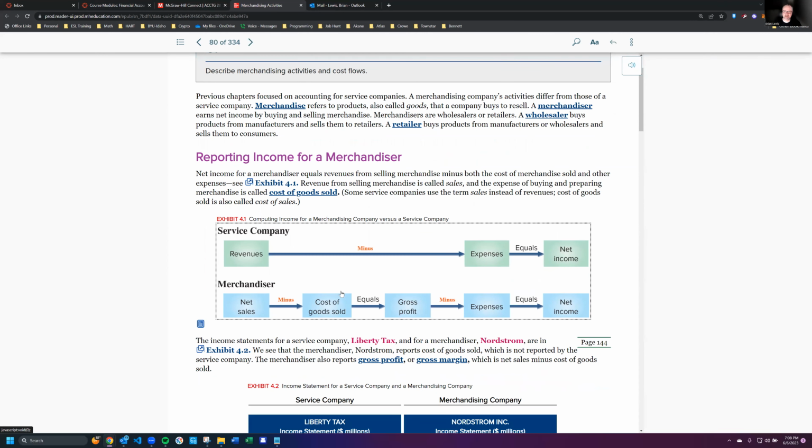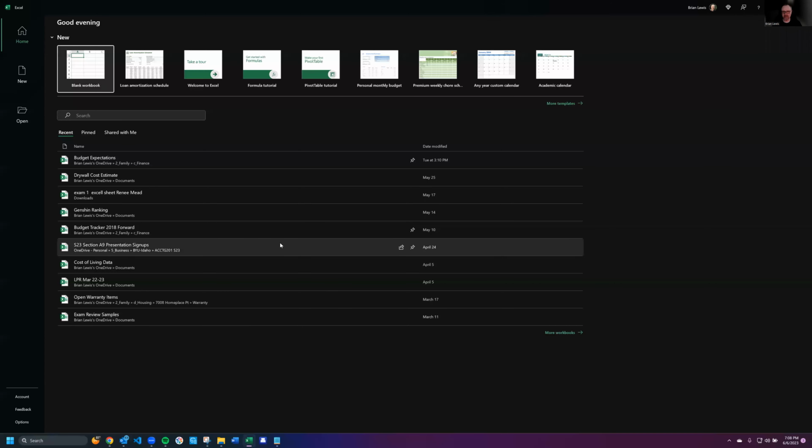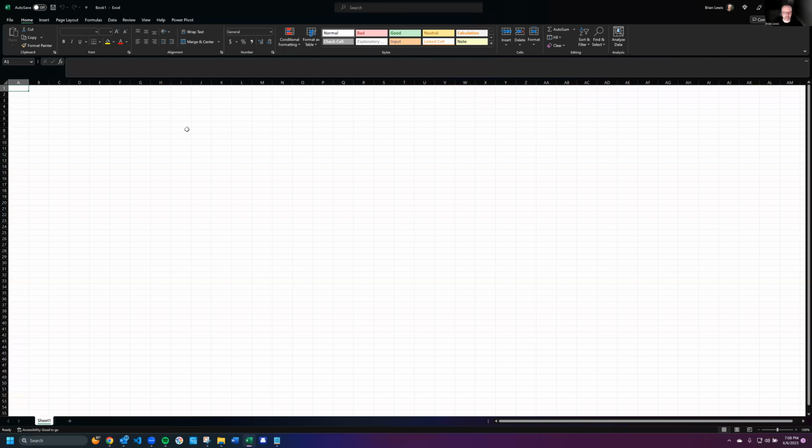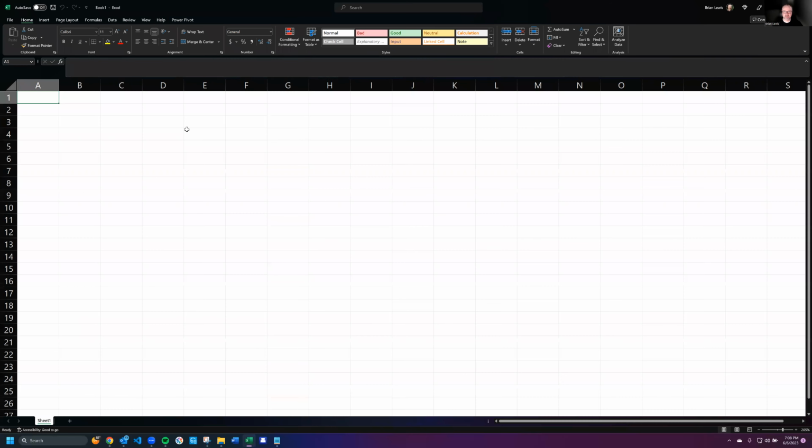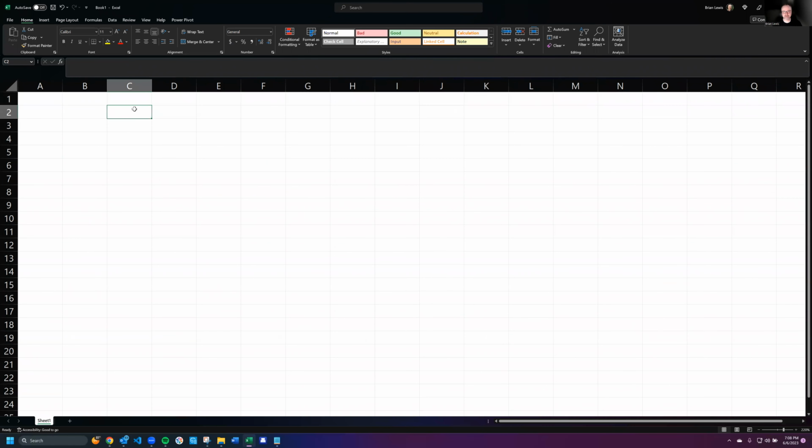But on a merchandiser, you have to deal with a cost of goods sold. And that's usually because when you first buy it, it goes in as an asset. Okay, let's build out our income on our balance sheet here just a little bit. So on our asset side, and let's go liabilities side, and we're going to do equity.